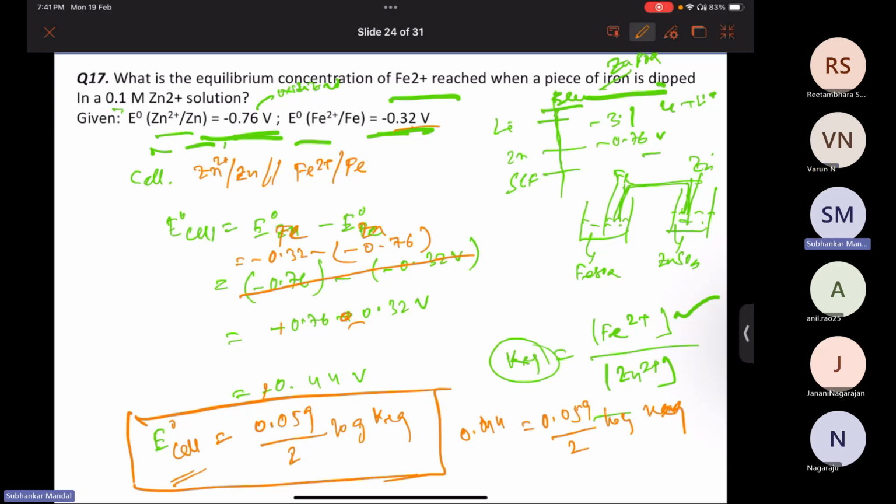From here you can calculate the equilibrium constant, and then we can put this equilibrium constant here and calculate the concentration of Fe3+. So this is, I think, 0.1 volt. Those things we can calculate, right?